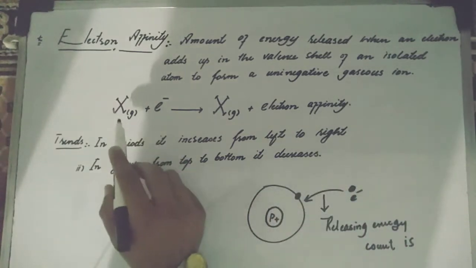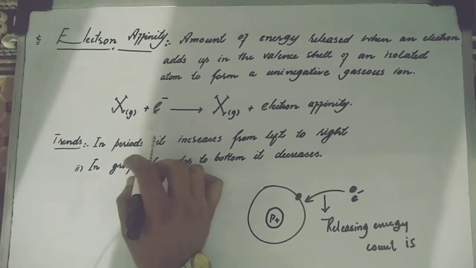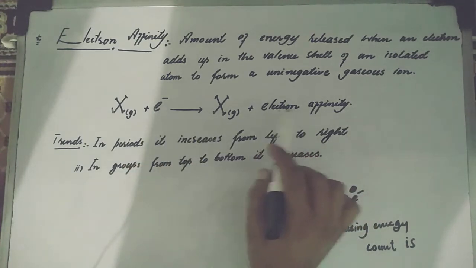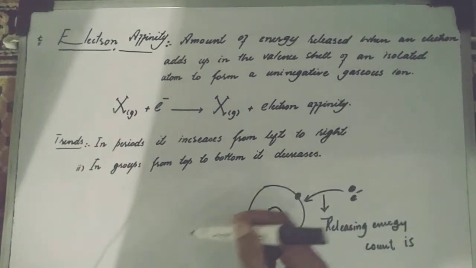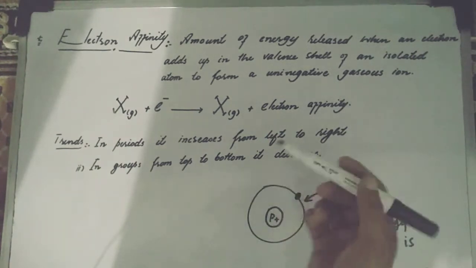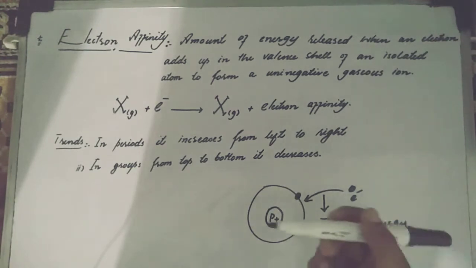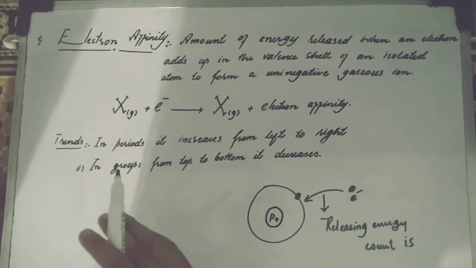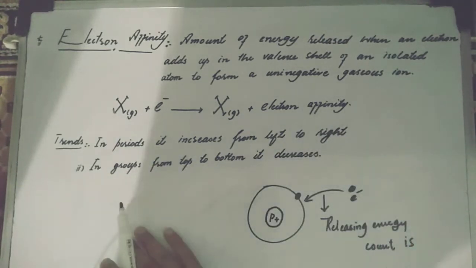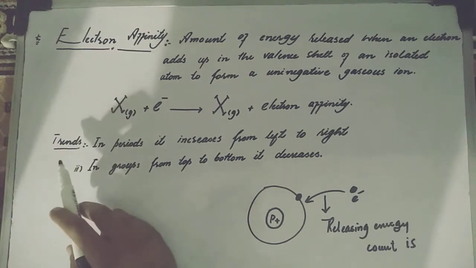So this is an imaginary atom, and when you are adding an electron, this is its electron affinity. Whatever amount of energy is released, it is called the electron affinity, or the love of the electron for the nucleus, or the love of the nucleus for the electron, whatever you like best.